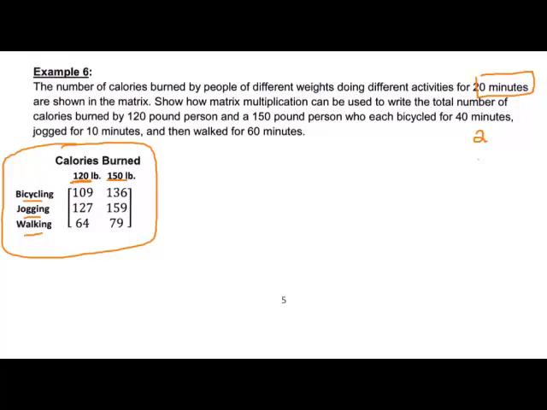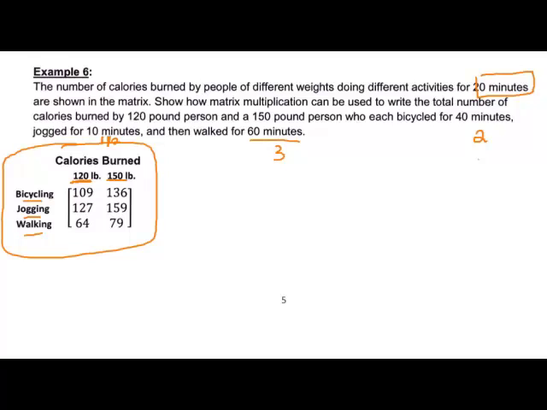They're jogging for 10 minutes, so that would be half, because 10 is half of 20. And they're walking for 60 minutes, so that would be 3, because 3 times 20 is 60.